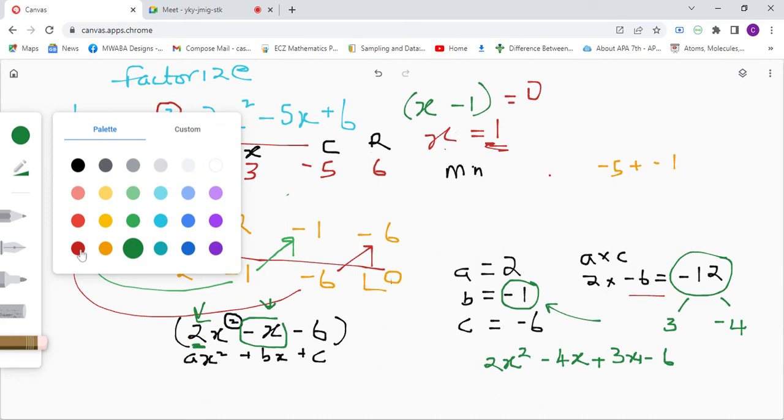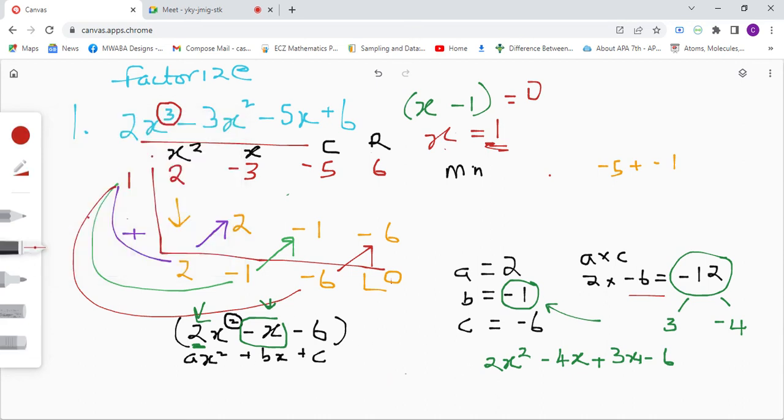Basically, we're going to factorize 2x squared minus 4x, and we'll factorize 3x minus 6. For 2x squared minus 4x, our common factor is 2x. 2x squared divided by 2x is x, and negative 4x divided by 2x gives us negative 2.